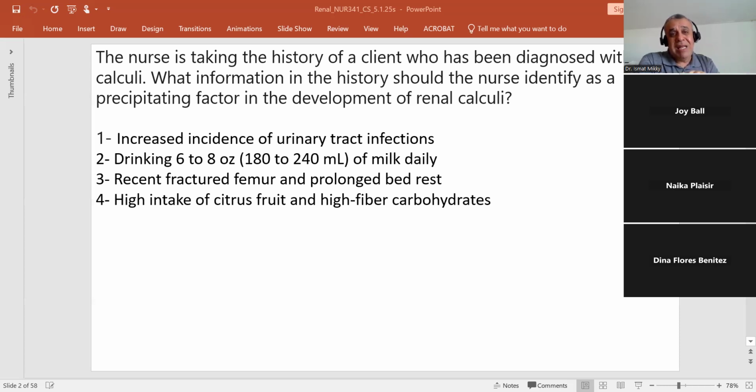So a stone can lead to UTI. It's not that UTI can lead to stones. You got that one? That's why I ended up in the medical unit on antibiotics, IVs and IV fluids, because I developed urosepsis, a septicemia, as a result of that UTI.